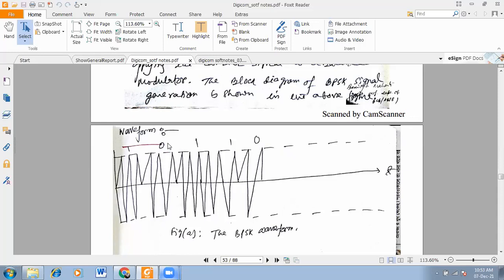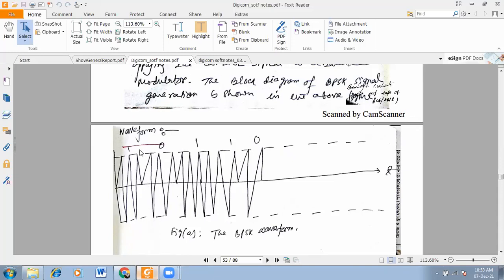It should be minus, but it became positive. So how much phase shift is there? 180 degree phase shift is there. Its normal operation was that it should come on the negative side, but rather it moves to the positive side.